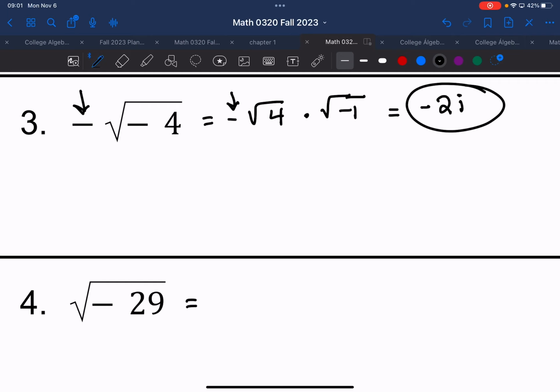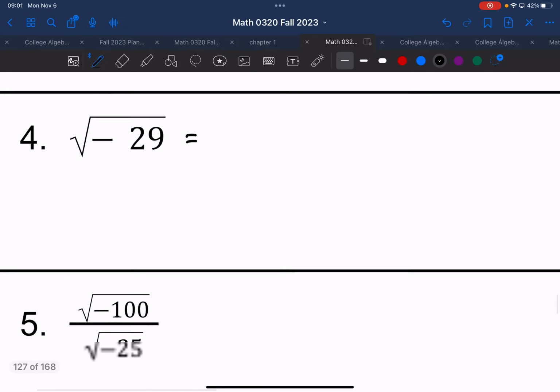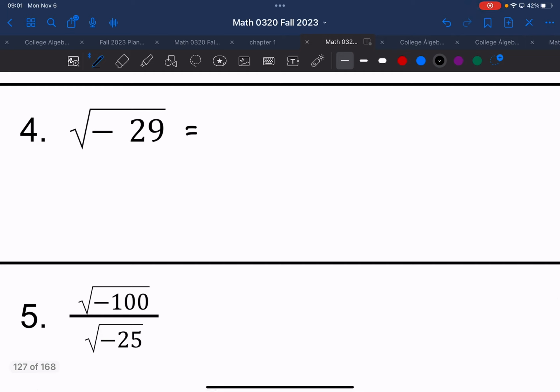How would I write the square root of -29? How would I write that as 2 square roots? Square root of what? So 29 times the square root of -1. The only reason I'm writing that -1 after is to remind us to put the i after the number. Okay. Can we take the square root of 29?